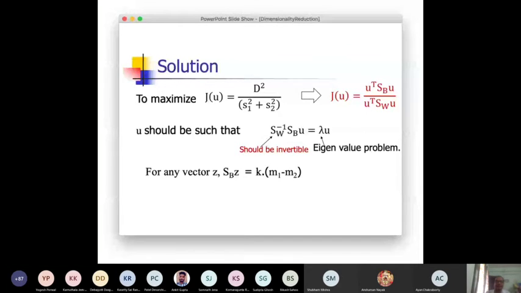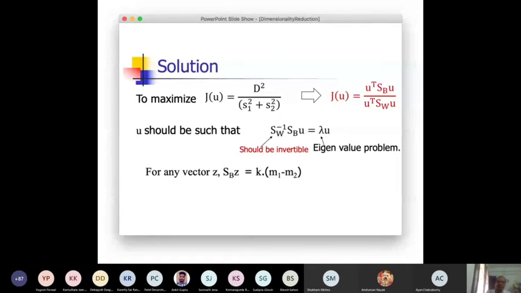For the between-class scatter matrix, if I post-multiply with any column vector Z of the same space, the result will always be of the form of some scalar value k into the vector M1 minus M2, because of the structure of SB.